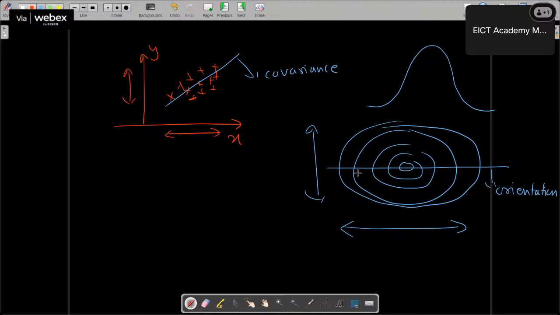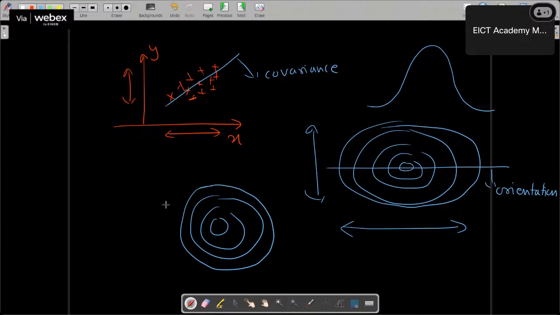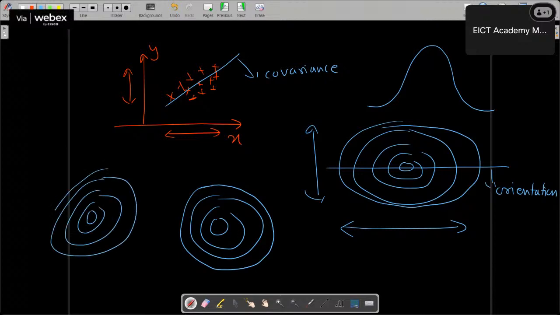Clear? So if the variance of x and variance of y are equal, then the 2D normal distribution will be a circle. If it is positively correlated, it looks like this. If negatively correlated, then this.